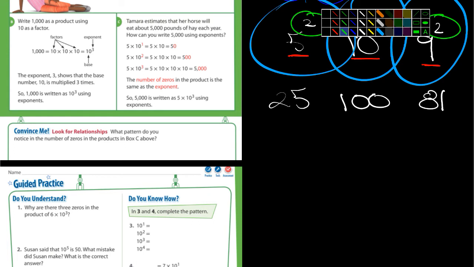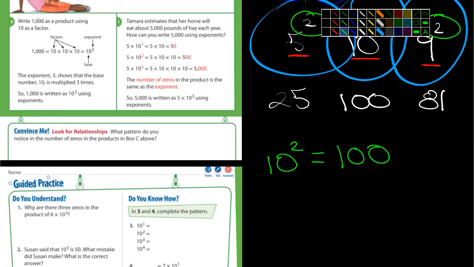And if I wrote 10 squared, who remembers what it is? 100. It's 100. Okay, I want to put 100.